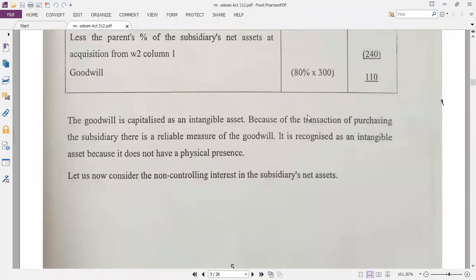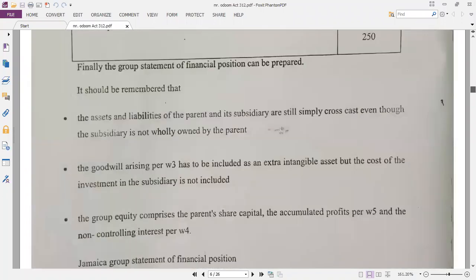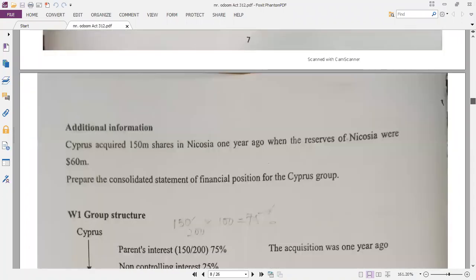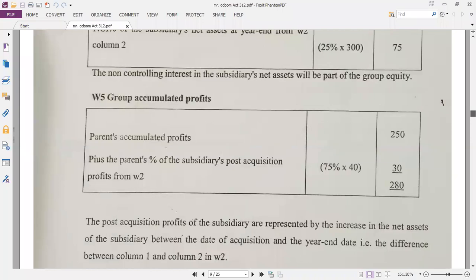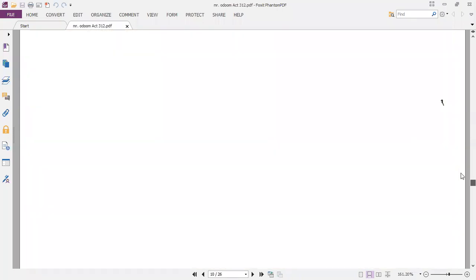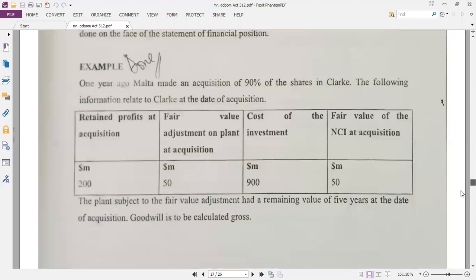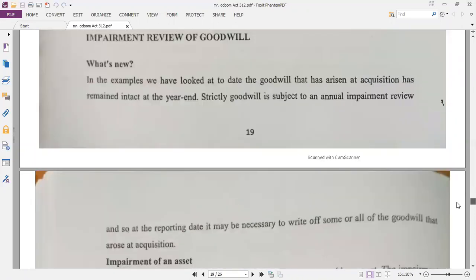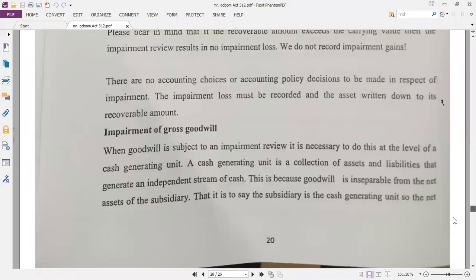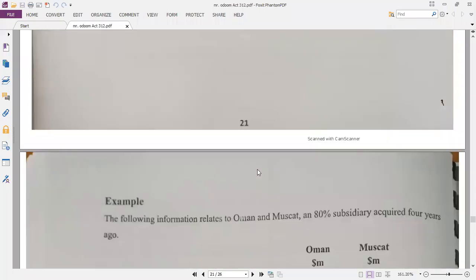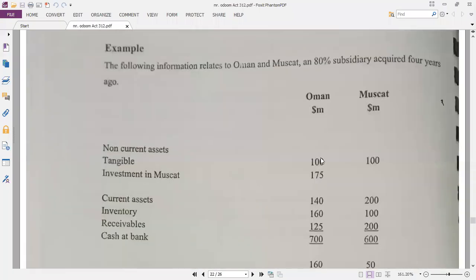So this particular illustration is what I want us to look at now. The one on page 22. Yes, this illustration, Oman and Muscat.